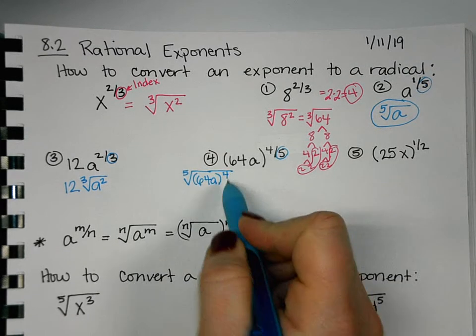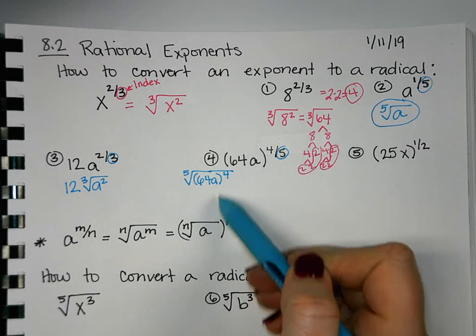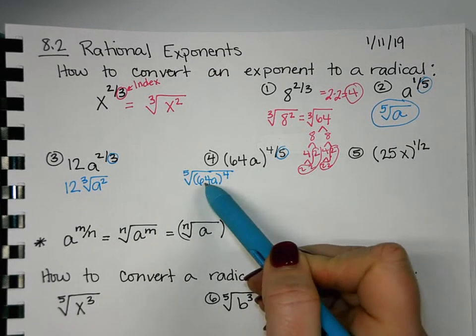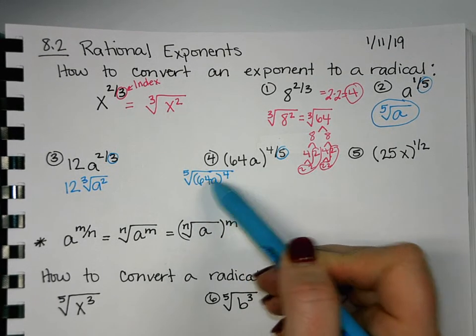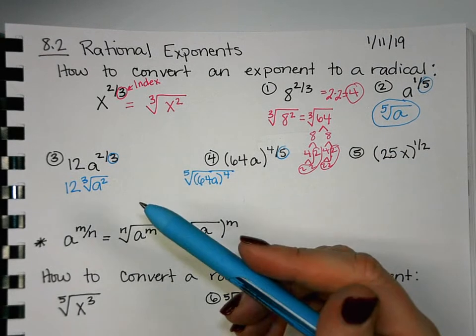Okay, so then from here, this number is going to get really big, and I didn't leave enough space to do it. But we would find out what is 64 to the 4th, and then try to break it down to see if we can simplify.